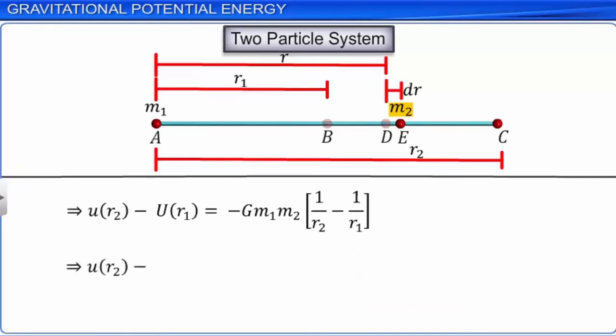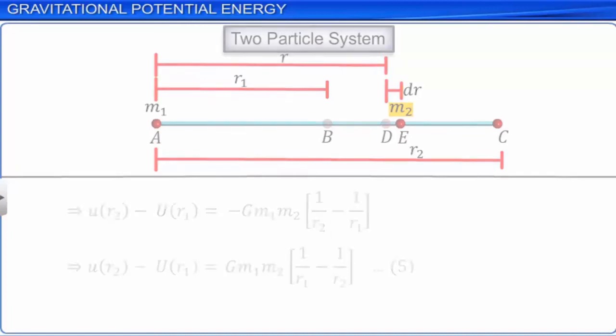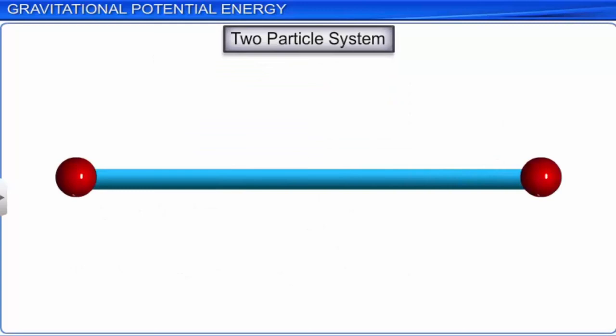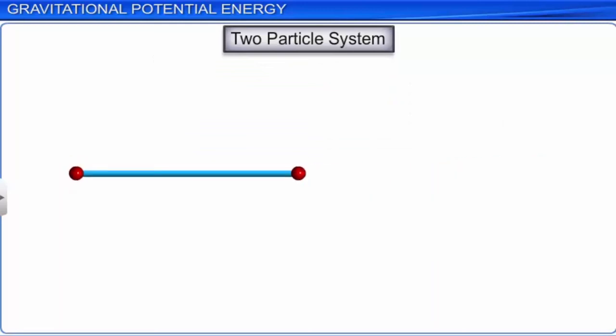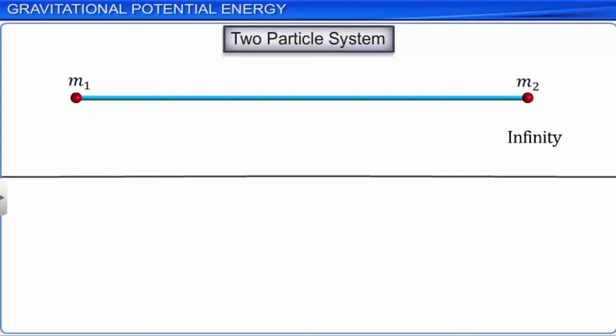In this case, the potential energy of the system is chosen to be 0. Thus, U infinity is equal to 0. In general, while defining the gravitational potential energy of a two-particle system, we bring a particle from infinity close to another particle.